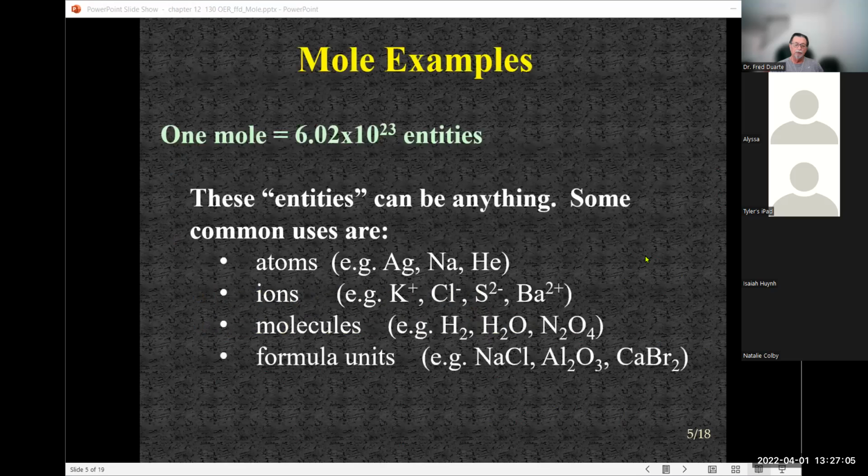Okay, so as I stated, the mole is nothing more than a count. It's a number, it's entities, units, whatever you want it to be. But being in chemistry, we're going to talk about it with respect to atoms or ions or molecules or formula units, okay? Now, recall that we had, let's say, sodium chloride.